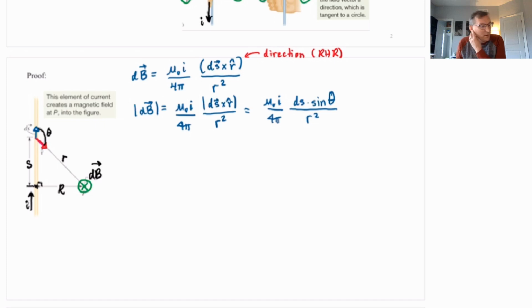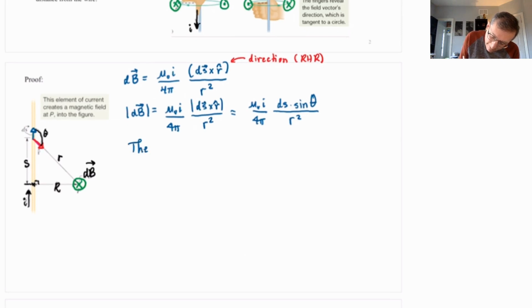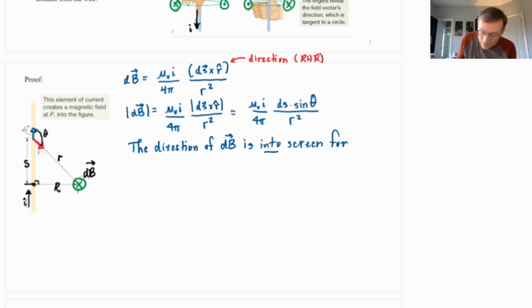Now the next thing to note is, if we think about it, the direction of the dB arrow is into the screen for every element of the wire. Not just the one that we've highlighted in blue and labeled ds, but any piece of it. You need to think about that a little bit, right? Because this wire goes on and on.